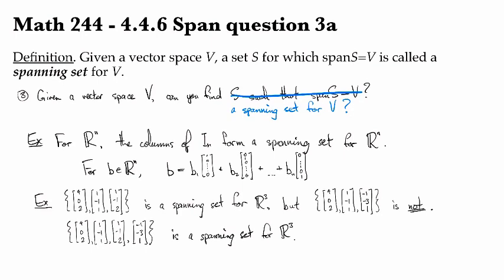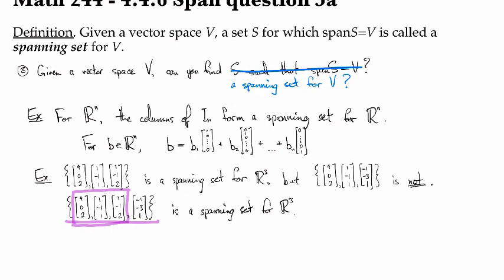Now, the reason why is because to determine whether or not this is a spanning set, you need to know, can I build any vector in R3? And it turns out that, yeah, in fact, I can build any vector in R3 with just these guys right here. So I don't need that last one, but I can have it. It doesn't hurt. It's just some extra piece of junk that's trailing along for the ride.